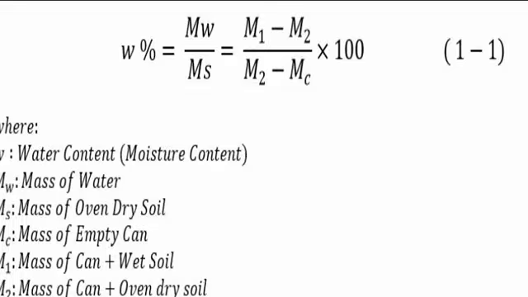Over here we have W as the water content, that is the moisture content, and Mw is the mass of water present inside the soil.